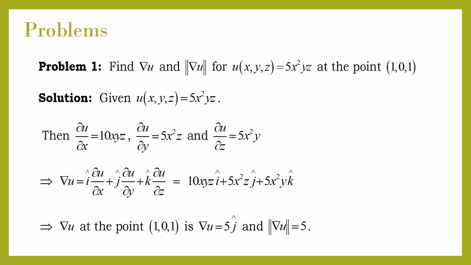This is the gradient of the given scalar field u. But we have to find out del u at the given point 1, 0, 1. Here the value of x is 1, y equals 0 and z equals 1.